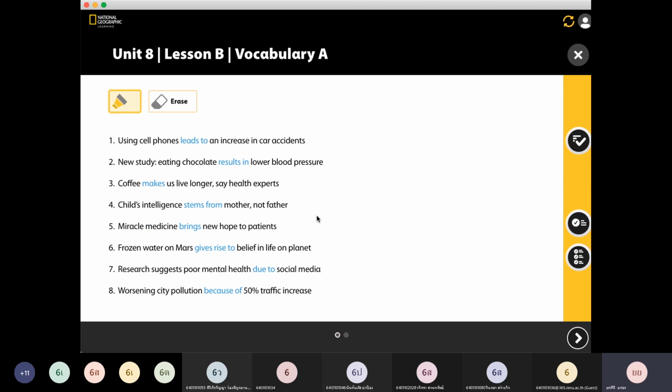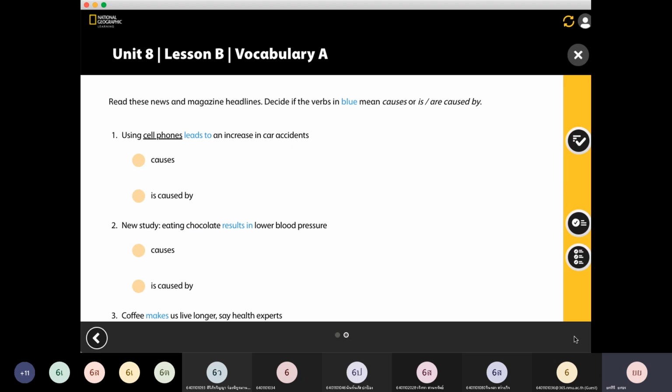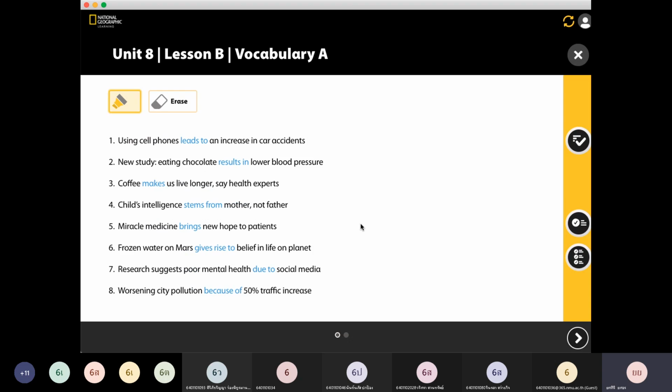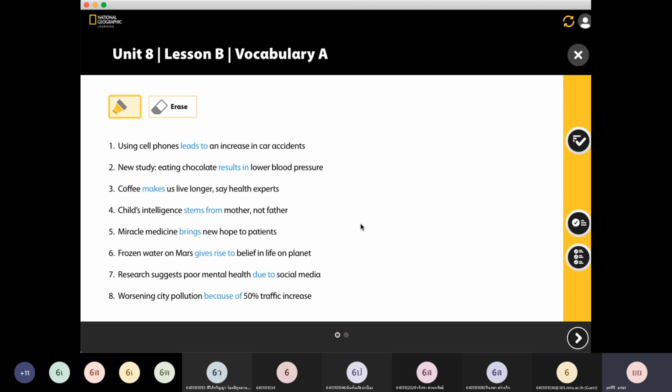If you look at these, they will give you some ideas of how to use different words, because there are words here like lead to, result in, makes. Basically it depends on how you want to focus. What does that mean?